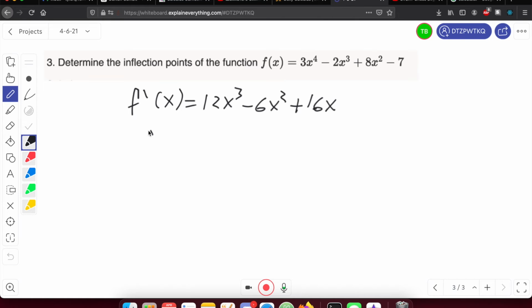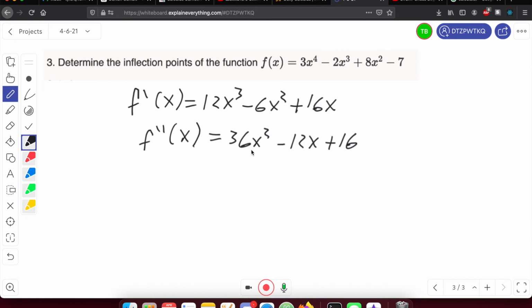Now the second derivative. Setting the first derivative equal to 0 would find the maximum and minimums. Setting the second derivative equal to 0 and solving for x would find us the inflection points. So this is 36x squared minus 12x plus 16.